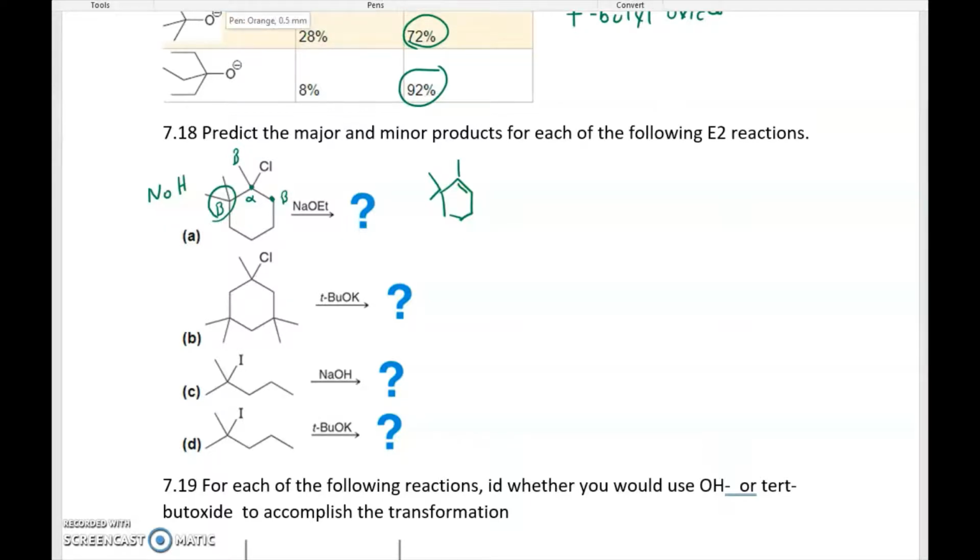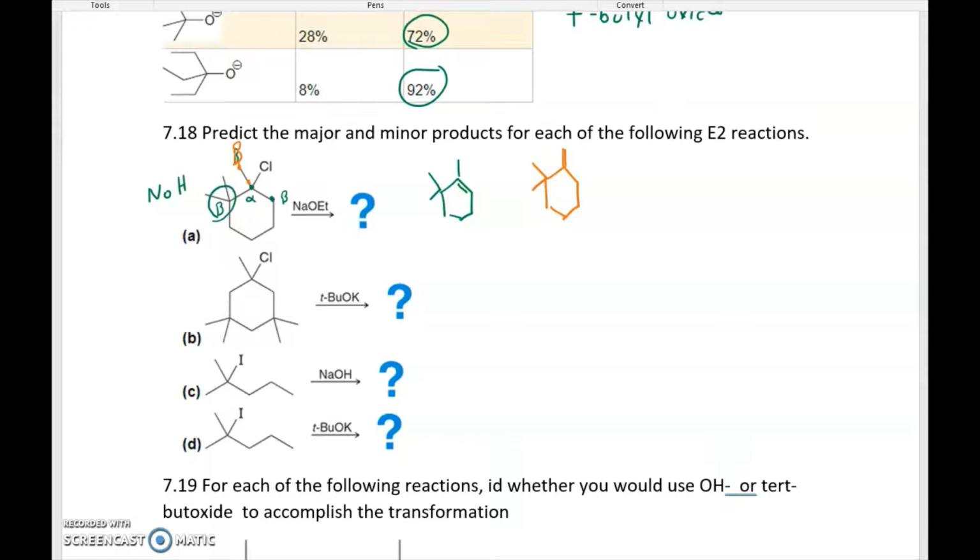And we'll do this one. If we take the hydrogen off here, the double bond will be between this carbon and that carbon right there. So we'll get a structure that looks like that.